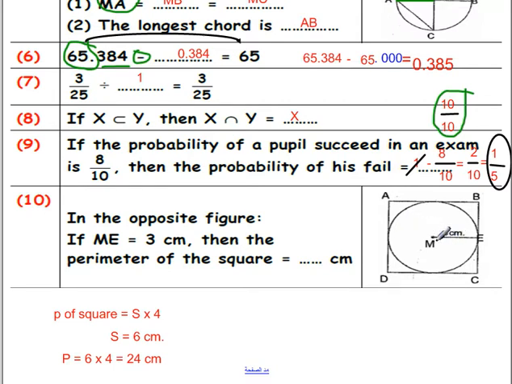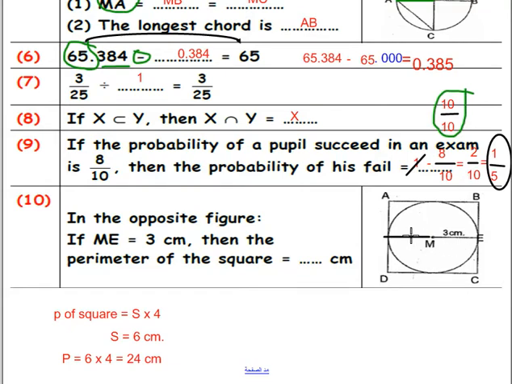Yes, if you complete this radius, I will complete it. This length equals what?